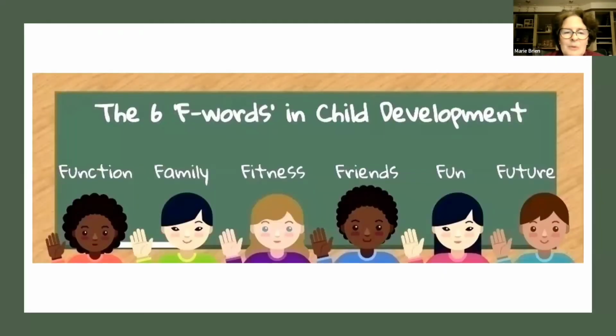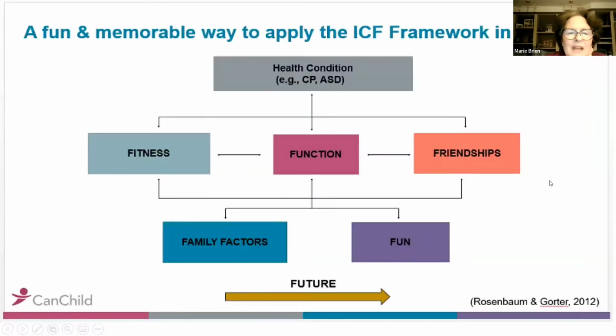So let's look at what those 6 F words are. They are function, family, fitness, friends, fun, and future. What these words relate to are all the domains of the ICF. So let's look at what has happened here with our ICF.